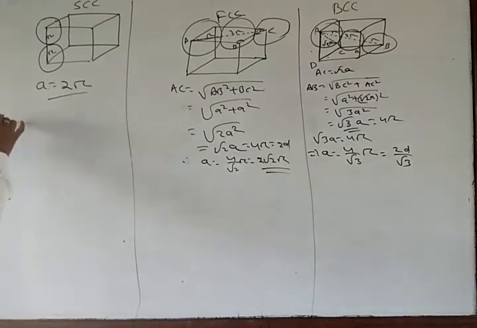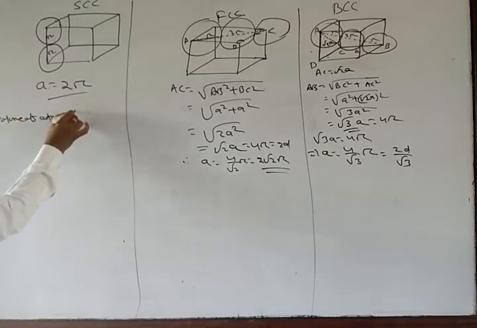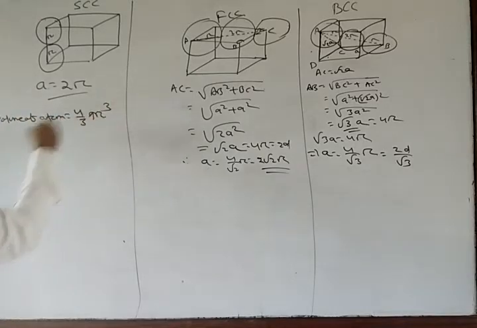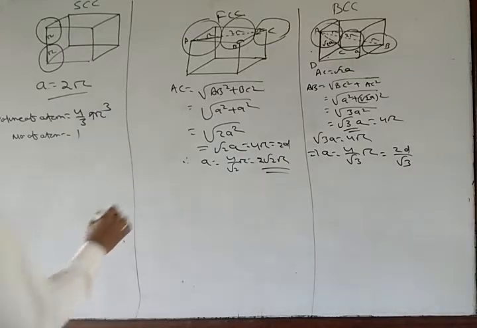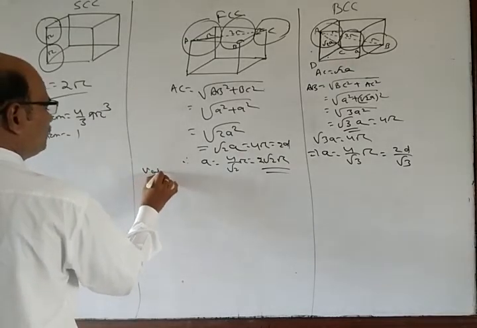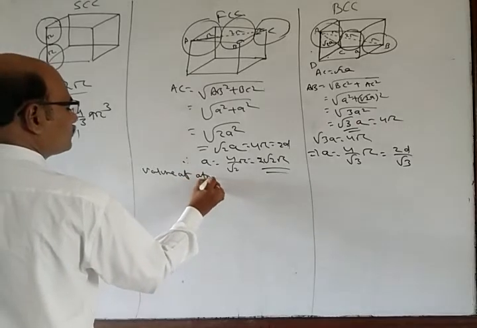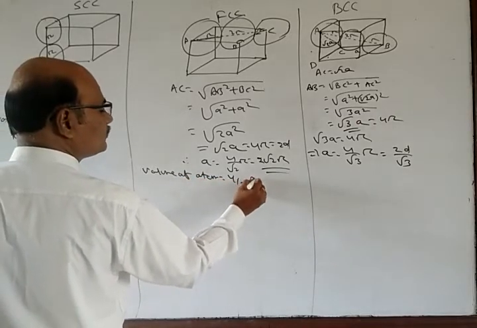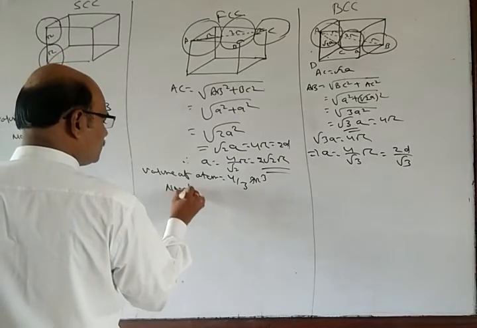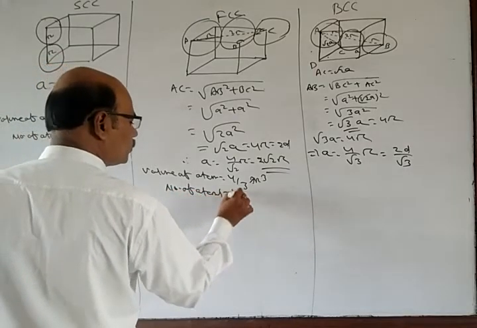So here, volume of atom 4 by 3 pi r cubed, number of atoms 1. Here the volume of atom is the same, 4 by 3 pi r cubed, number of atoms equals 4.